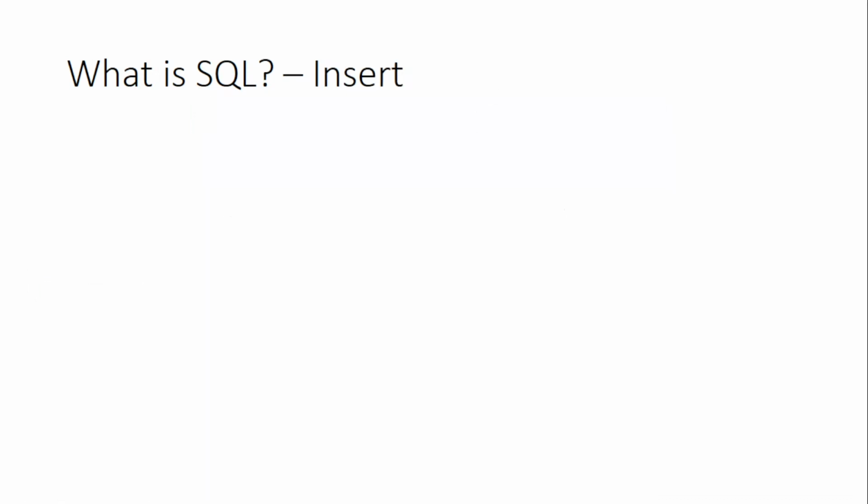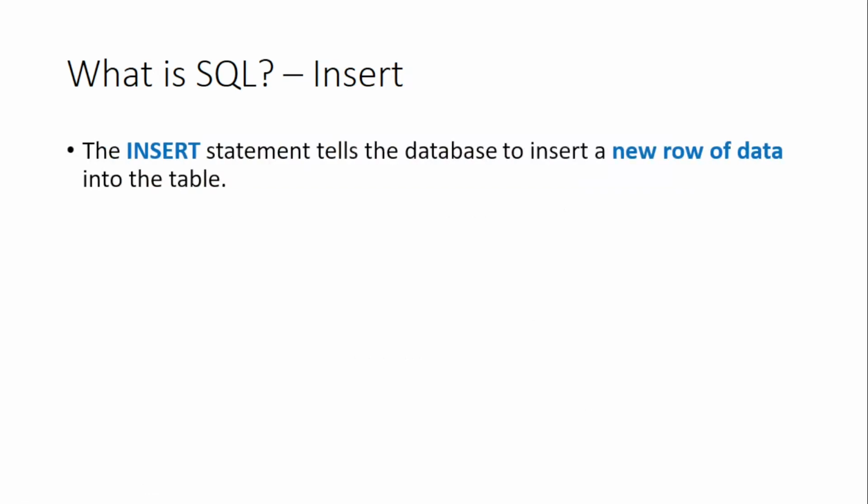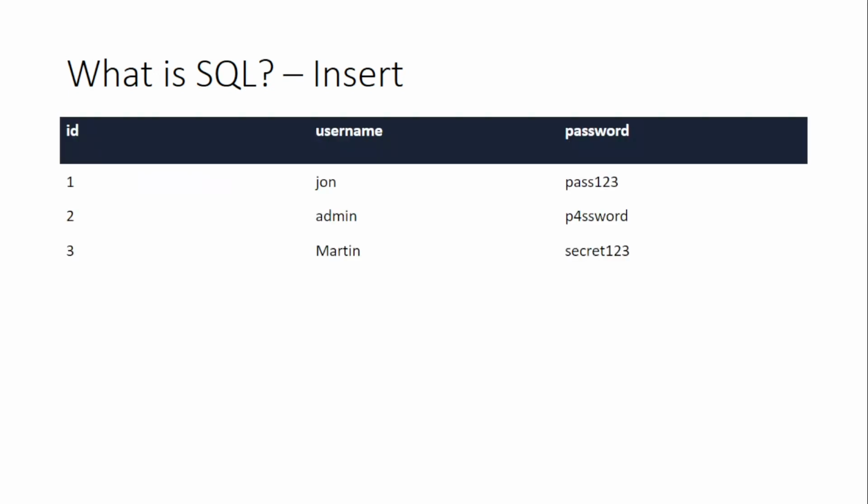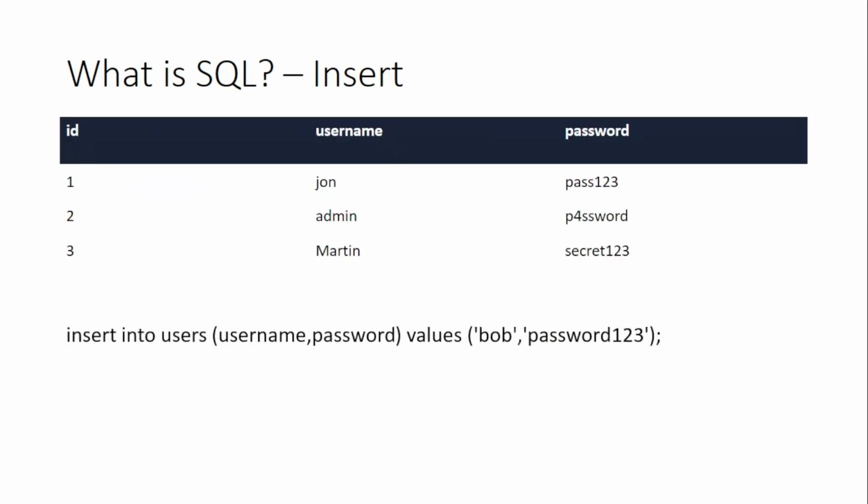Then there's also the insert statement. The insert statement tells the database to insert a new row of data into the table. So for example, we have this table. When we say insert into users, the into users tells the database which table we wish to insert the data into. Here, it's the table users.